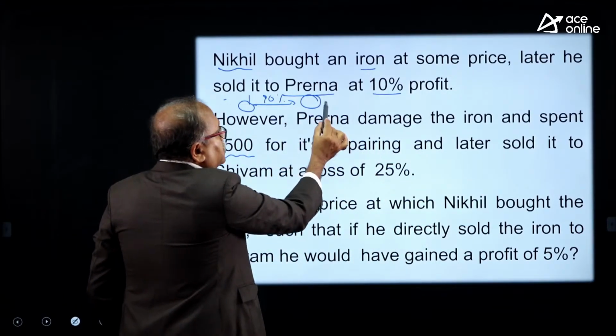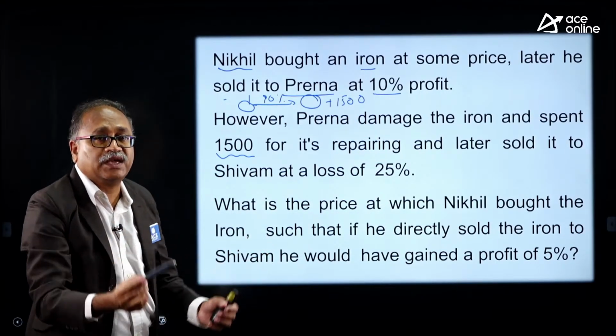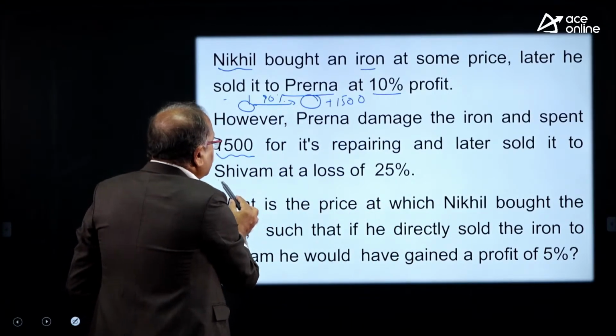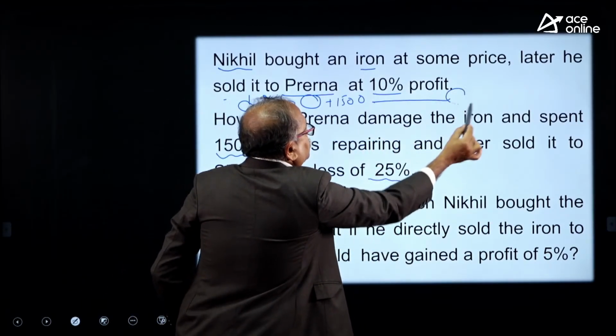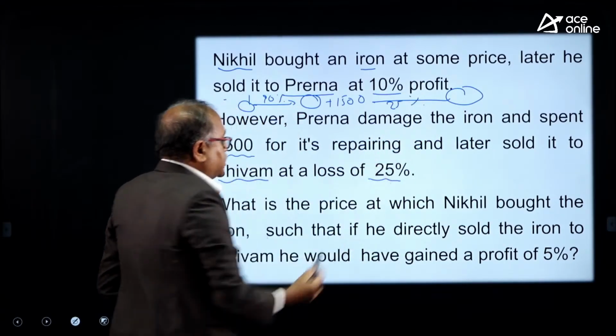So, on whatever price she received, she spent 1500 rupees extra, and later sold it to Shivam at a loss of 25%.